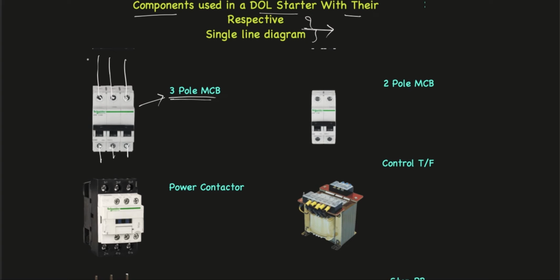These three terminals are connected to the lines R, Y, B, and the neutral line runs in common. The single line diagram of a 3-pole MCB looks like this, because it's a 3-pole MCB, we have 3 poles.